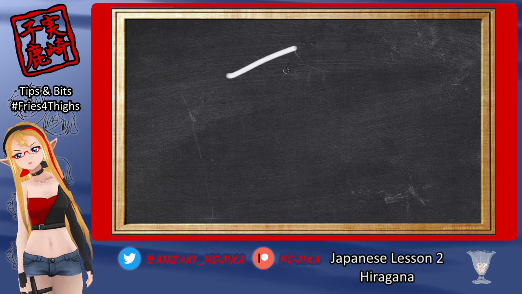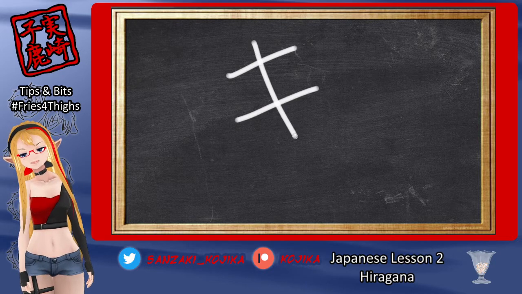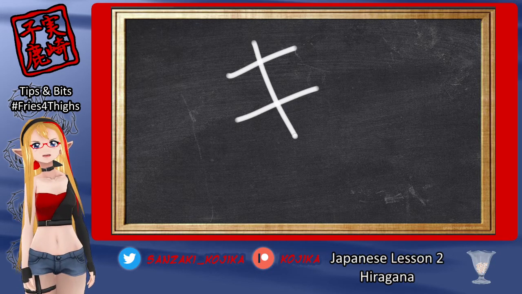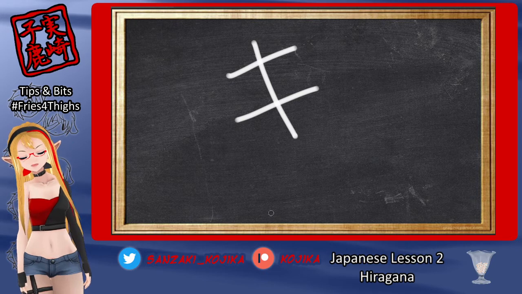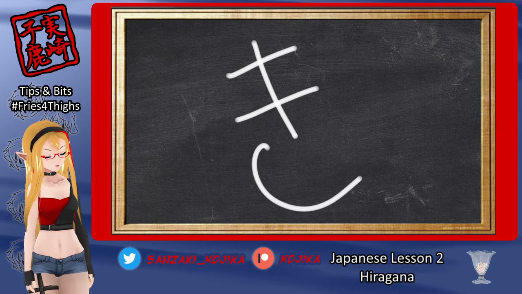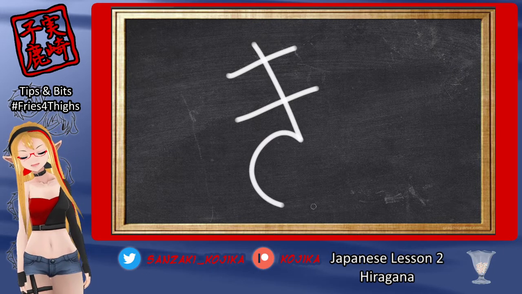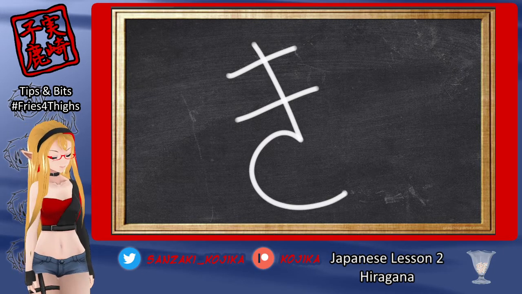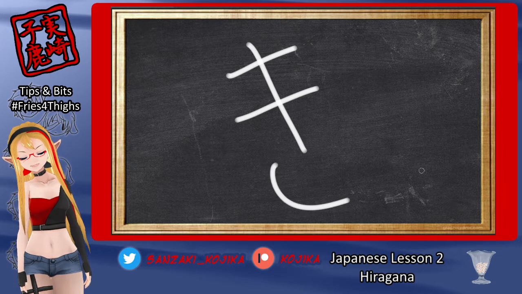Regardless, you're always going to do these strokes first and then the line. If you're doing it as one piece, you will continue with that part right here. So if you do it as one stroke, you would just continue it as one stroke. If not, you do this and then this.